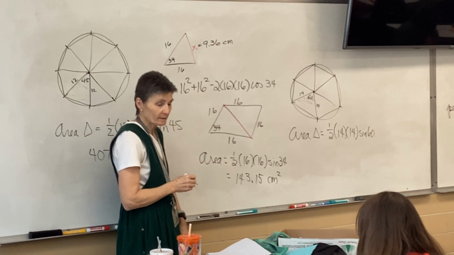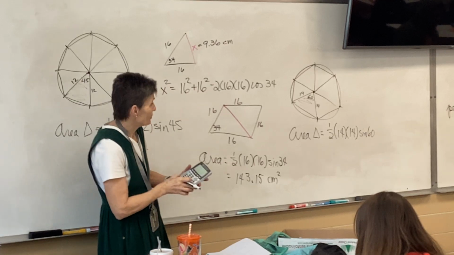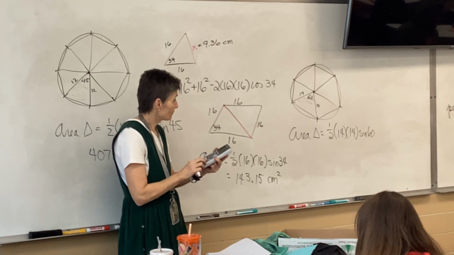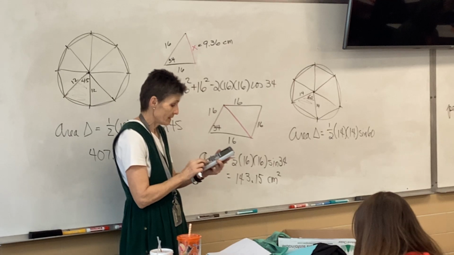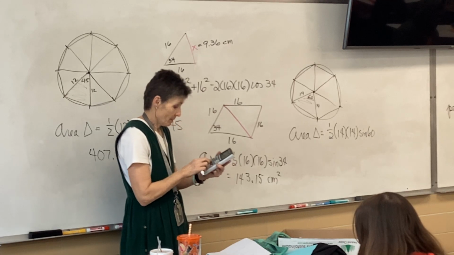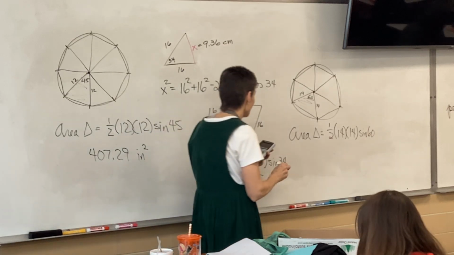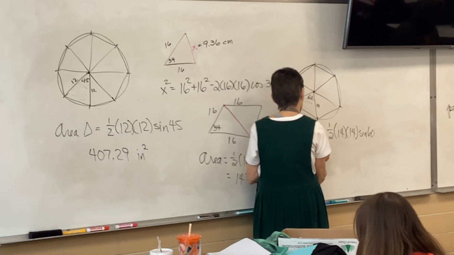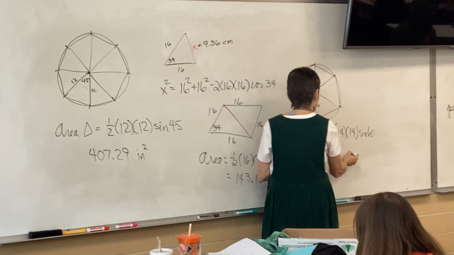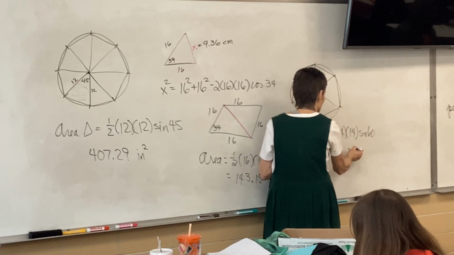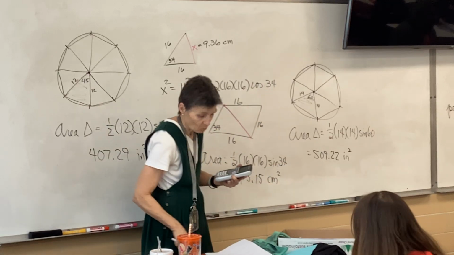And then once you get that number, what are you gonna have to remember to do? Multiply it by 6. I got 509.22 for my final answer. 509.22 inches squared.